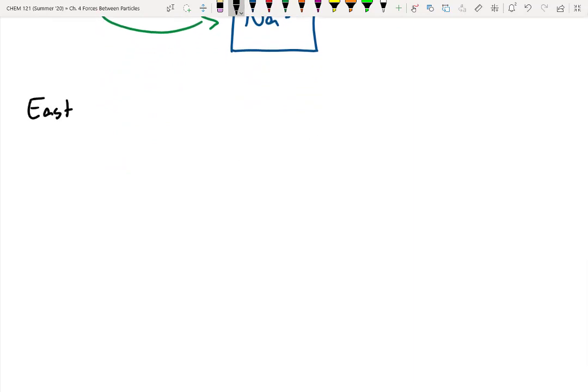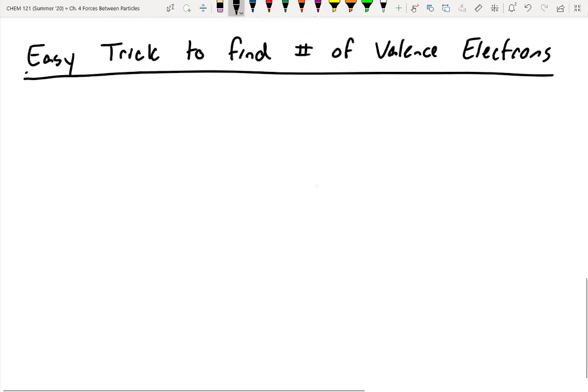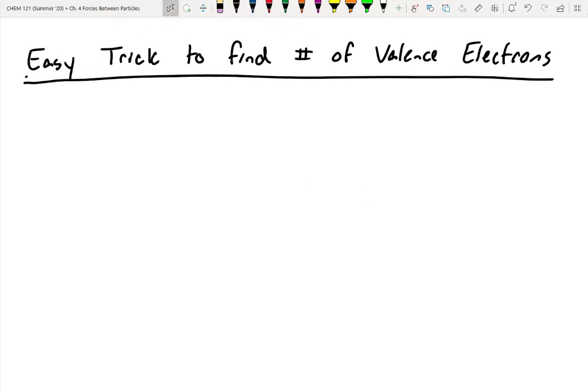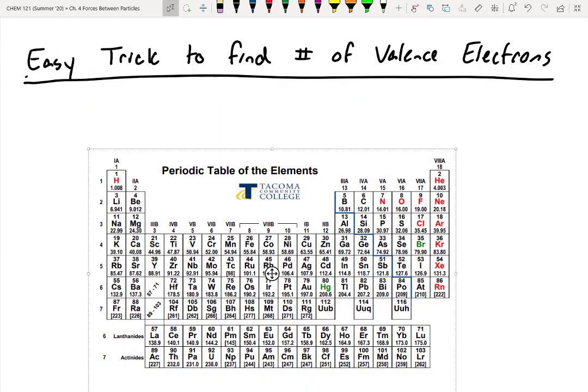All right, so I'll show you an easy trick for finding the number of valence electrons without going through all this hassle. And this one requires a periodic table, so I'm just going to go ahead and paste my periodic table in here. It's really easy.